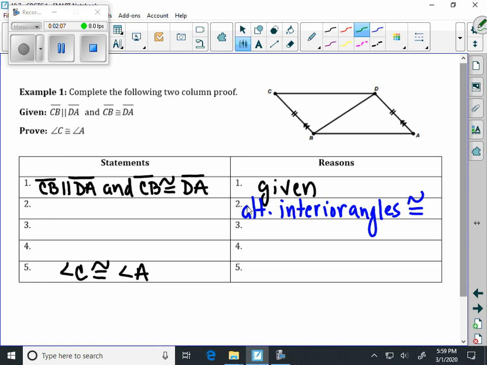And something else that we might notice here is we've got shared side triangles. Somewhere in there, we're going to be using the reflexive property.